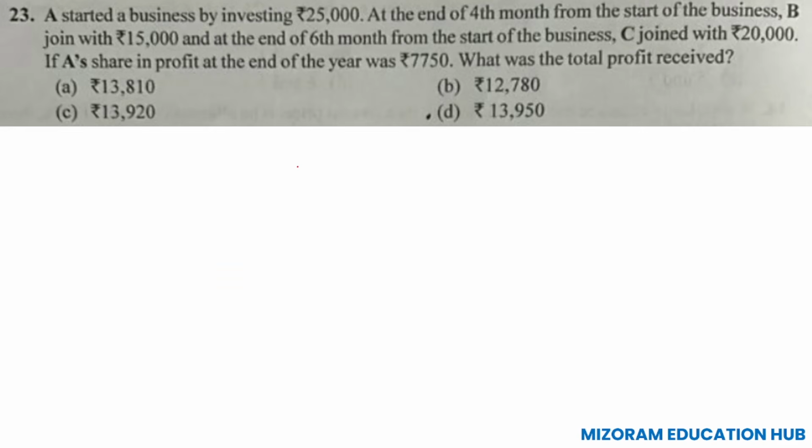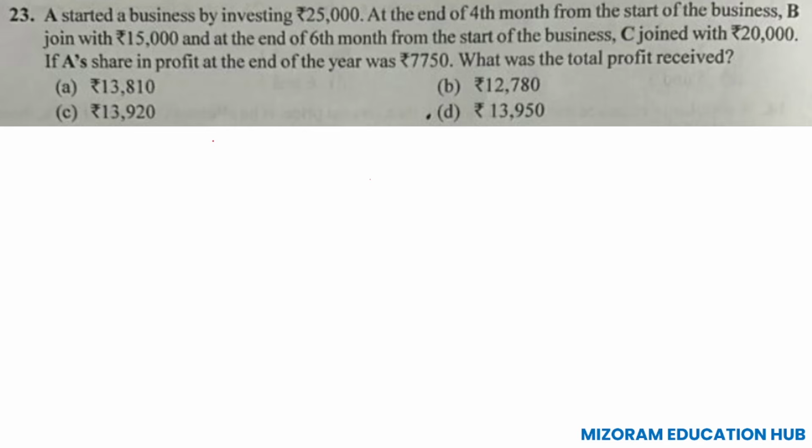Next question. Question number 23. A started a business by investing 25,000. At the end of 4th month from the start of the business, B joined with 15,000, and at the end of 6 months from the start of the business, C joined with 20,000. If A's share in profit at the end of the year was 7750, find the total profit received.